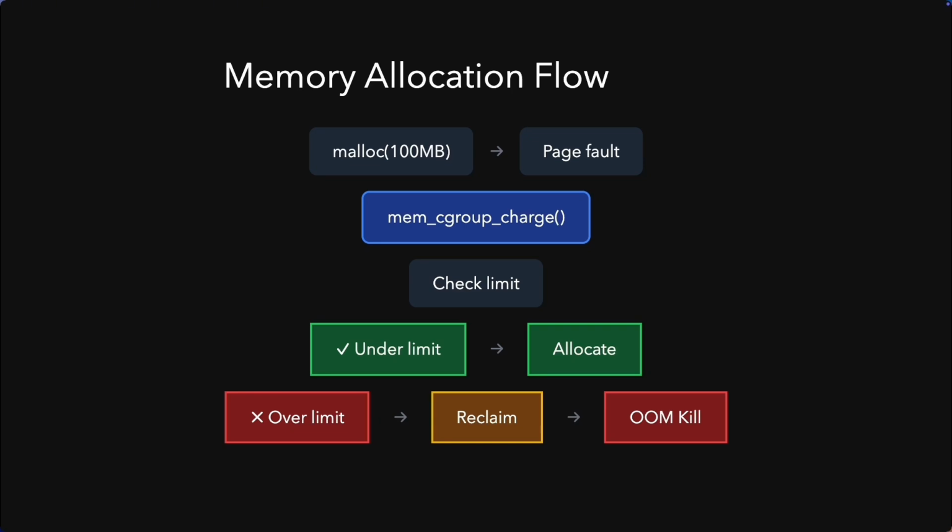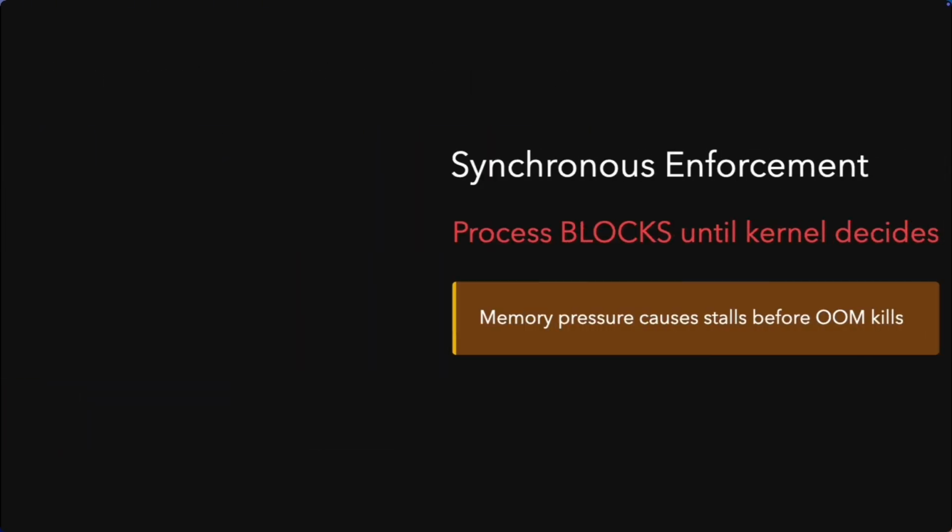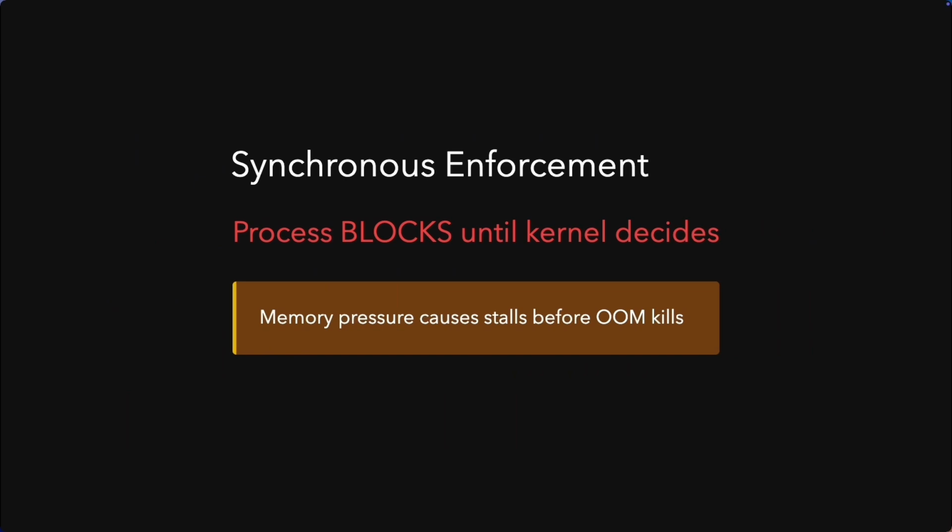And if yes, it allocates memory. If no, try reclamation and then OOM. The process blocks until the kernel decides, allocate or kill. And this is why memory pressure causes stalls before OOM kills.